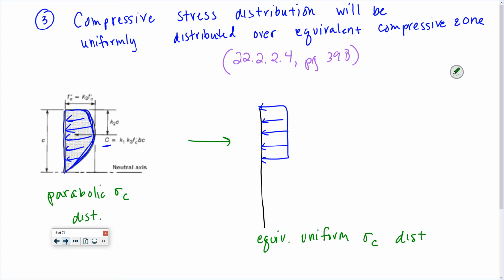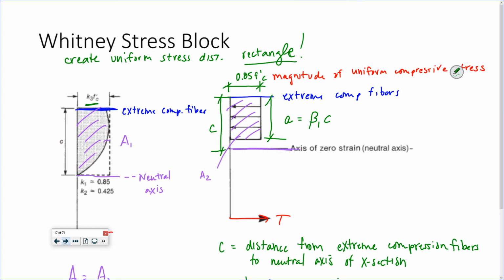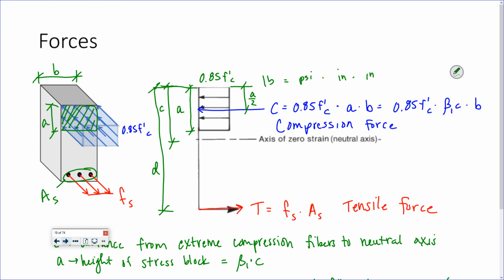We're going to take this parabolic distribution and make it a rectangle, which is called our Whitney stress block, which has a magnitude of 0.85 F prime C and a height of beta 1 times C. Beta 1 depends on your F prime C, the compressive strength of your concrete. The compressive force is 0.85 F prime C AB, or 0.85 F prime C beta 1 C times B. That little c in F prime C is a subscript.